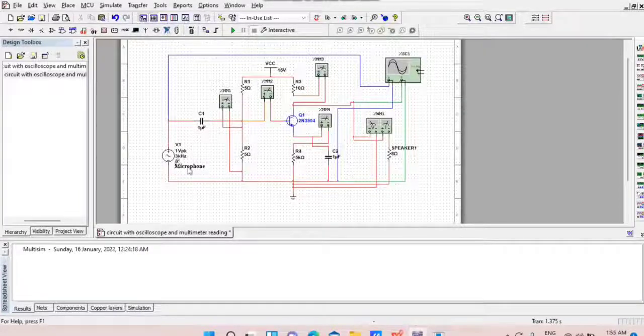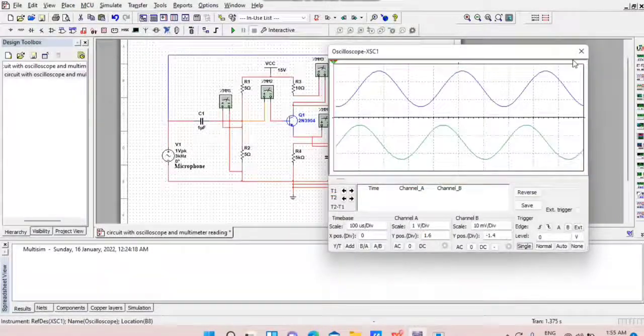We use the microphone as the input, and for the output we use a speaker. We connect the input to channel A and the output to channel B. We use an oscilloscope to show the waveform for the input and output channels.